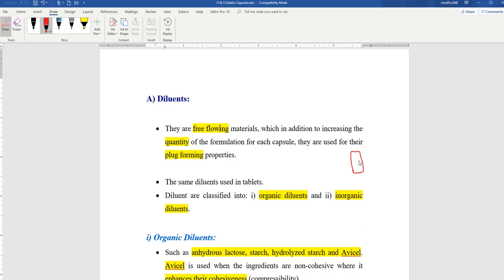When you mix the diluent and the disintegrating agents and the lubricant, you need to compress the powder slightly, a little bit, not like tablets. If you remember, when we talked about the advantages of capsules, we said that they are filled with uncompressed material. But a plug means I have compression here. This is opposite to what I explained previously.